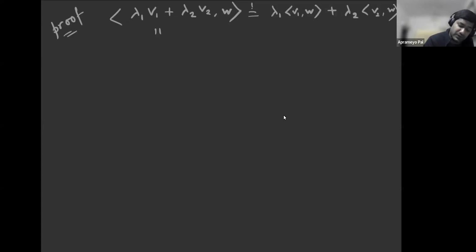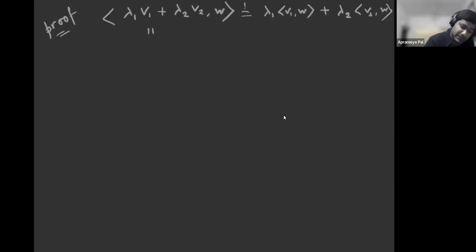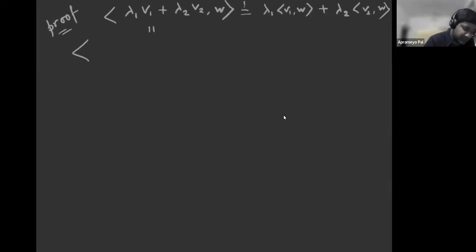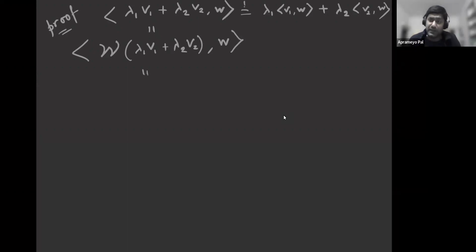This is nothing but the Weingarten map W of (lambda 1 v1 plus lambda 2 v2) with W. Now W was a linear map from the tangent plane to the tangent plane, so this decomposes.